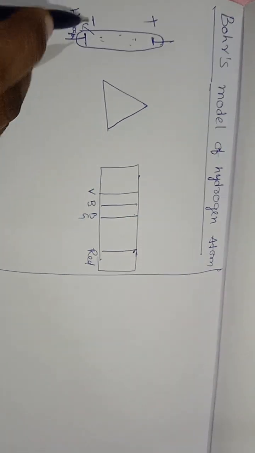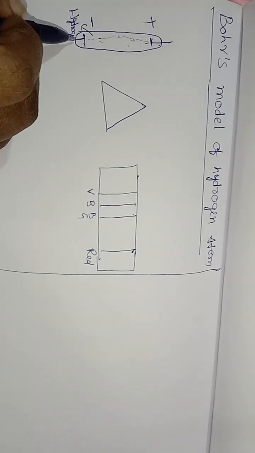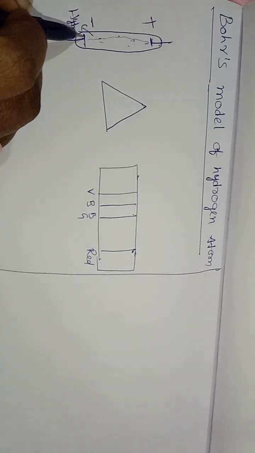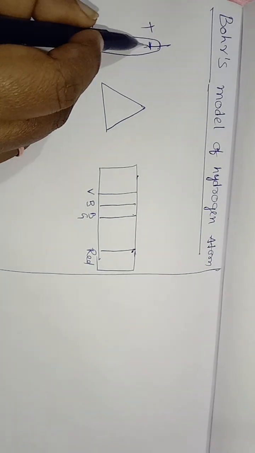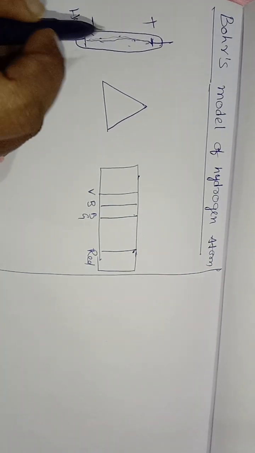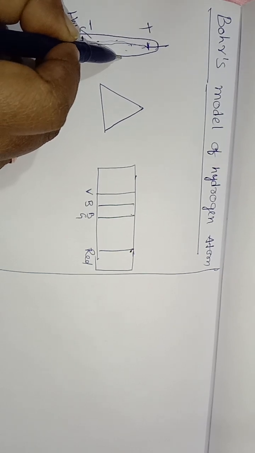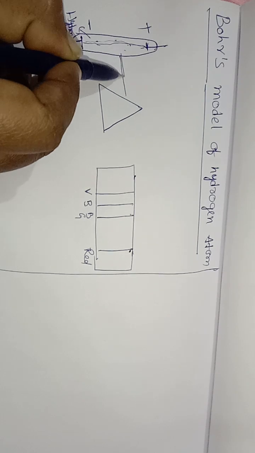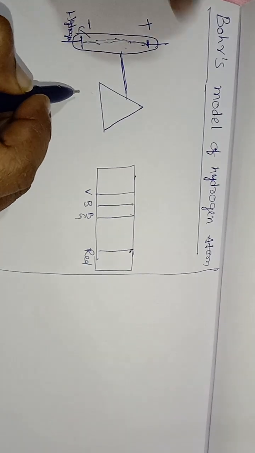Whenever high electricity is passed through this gas, these two terminals are not connected; only the gas helps to transfer the electricity. Next, it releases a spectrum. The light coming from this container or tube is passed through the prism.